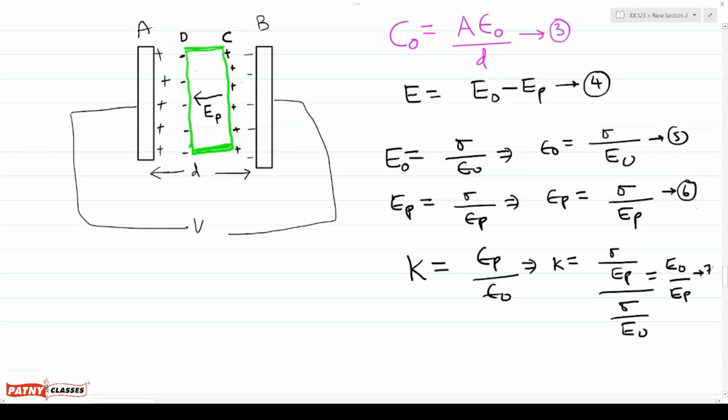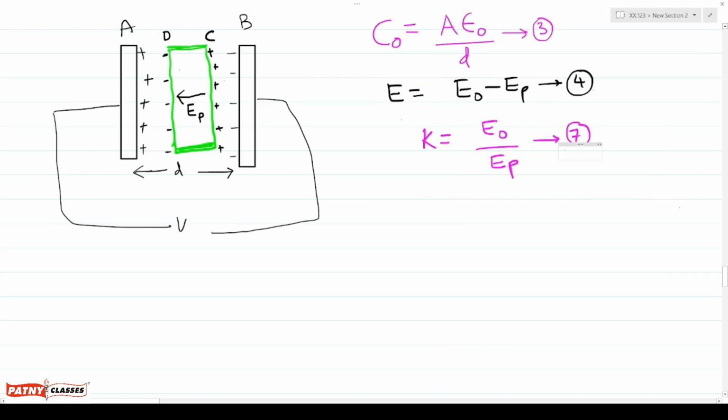Call it equation number 7. That is K equals E naught upon EP, equation number 7. We have K equals E naught upon EP. This can be written as EP equals E naught upon K. Call it equation number 8.